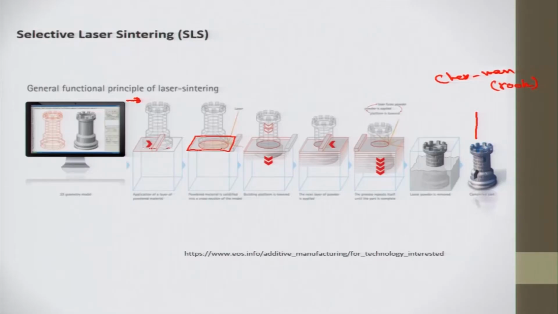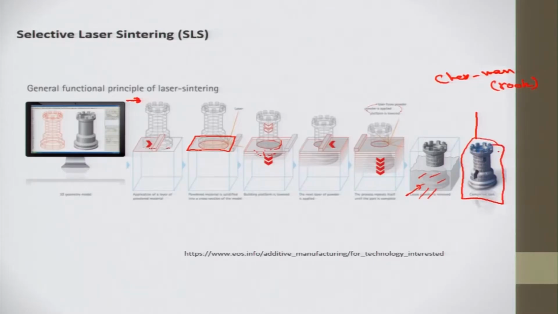After the powder is spread, it is solidified, and step by step it is moving down. This is the solid product. Once it is completely made, it is kept in a bath to let it cool. After cooling, the loose powder is removed by soft brushes and the final product is obtained.